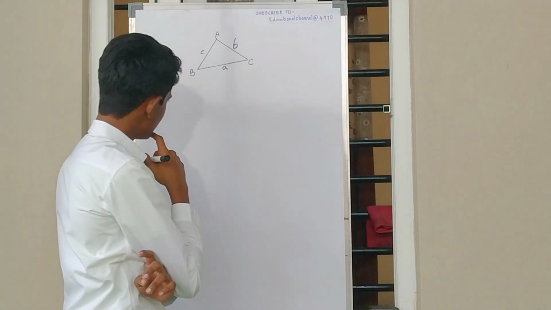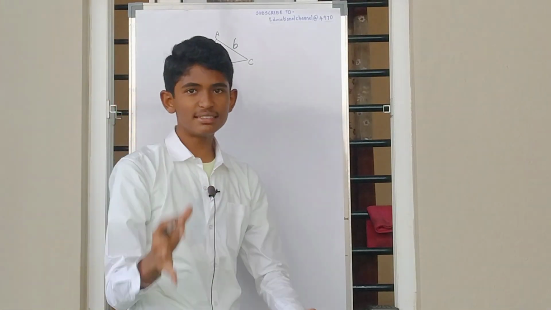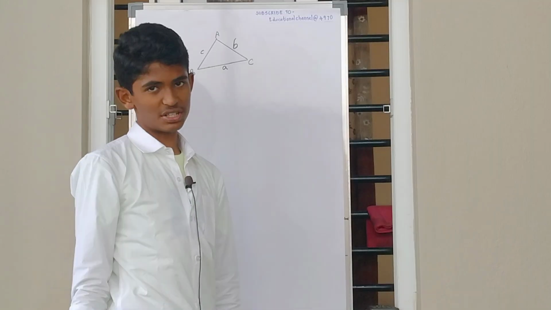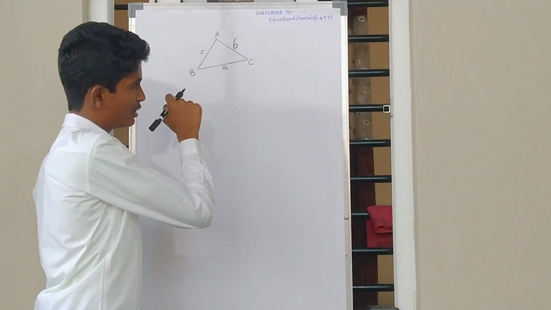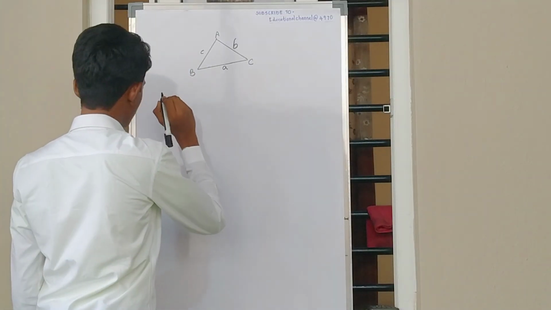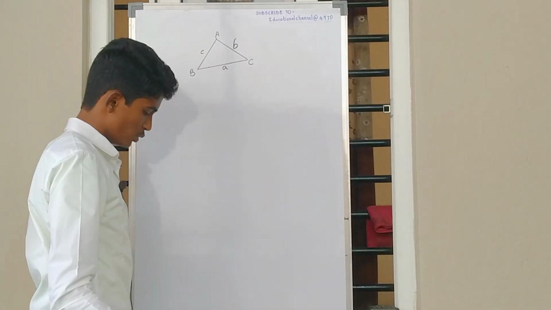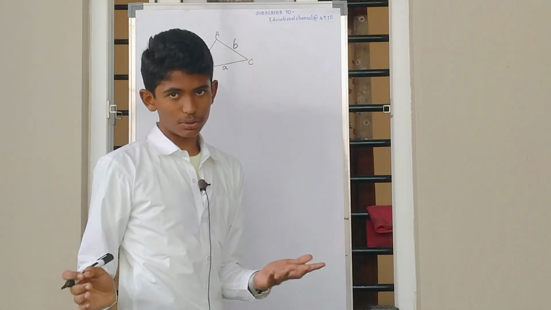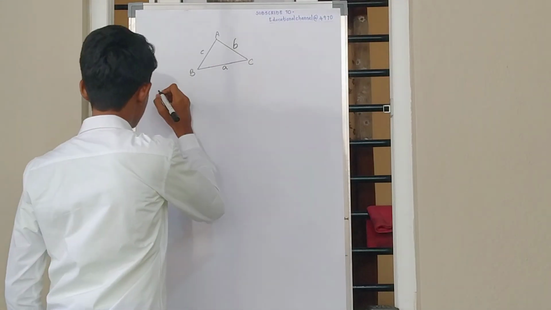We have learned in trigonometry about sine theta, cos theta, the trigonometric functions. Now we are going to apply them. The rule is called the sine rule. The property is called the sine property. What is special here?